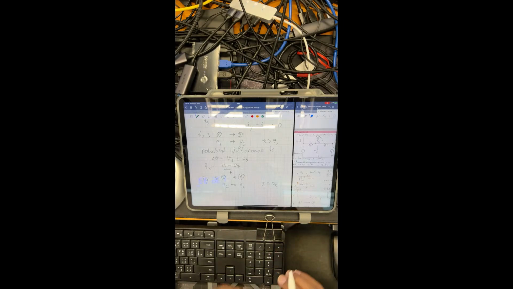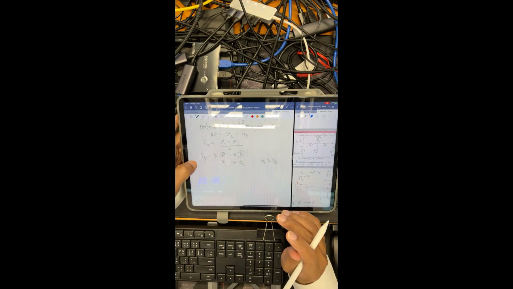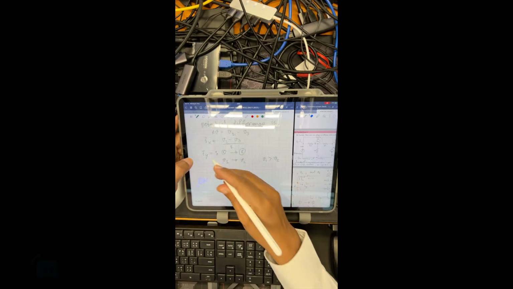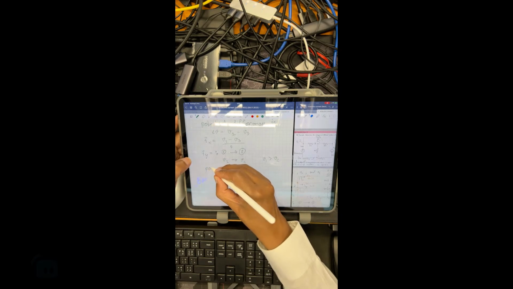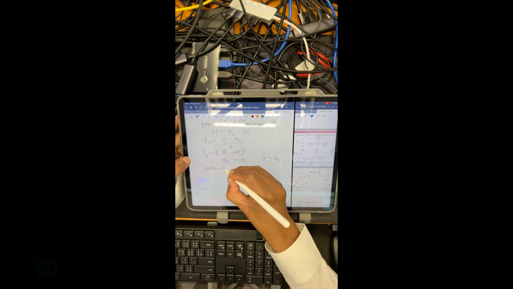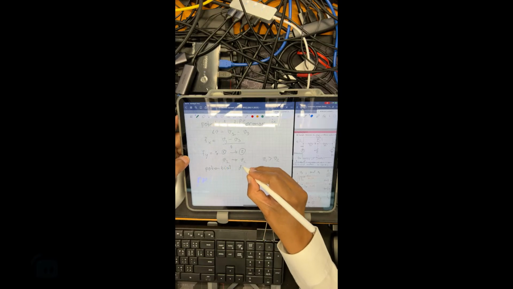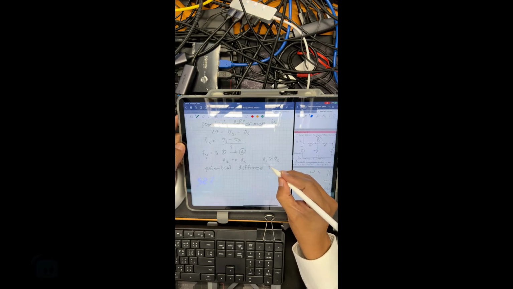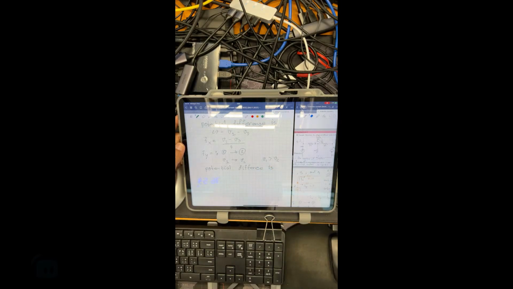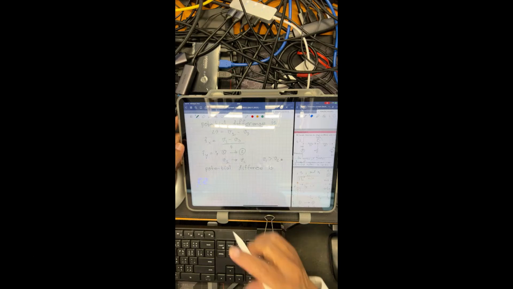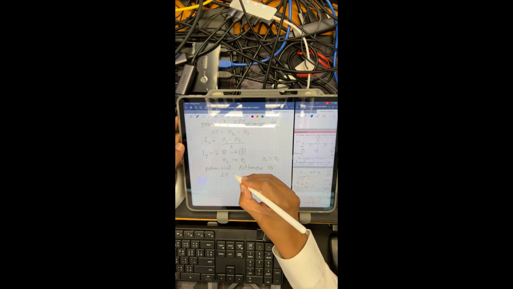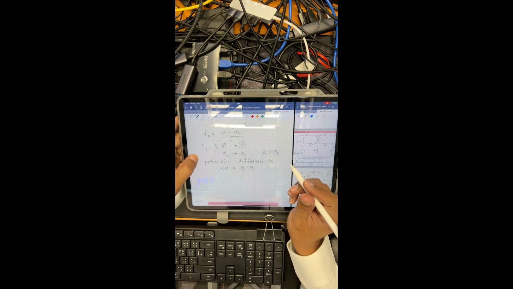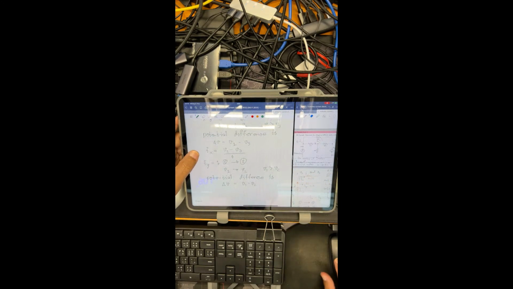Okay. Let's talk about the next thing, the potential difference. Because your V1 is greater than V2, it's going to be delta V equals V1 minus V2, right? And let's talk about Iy.